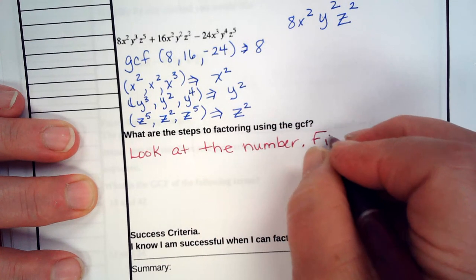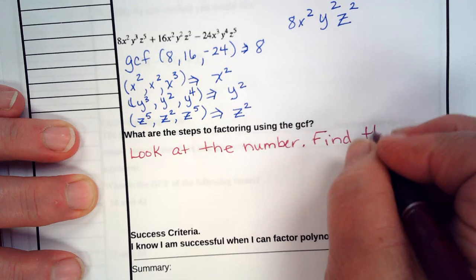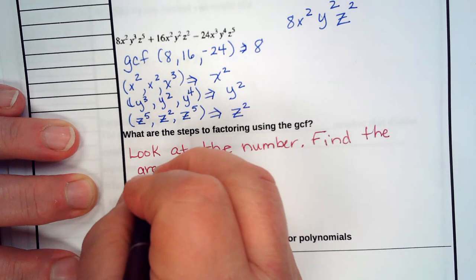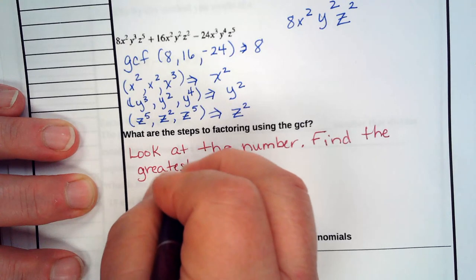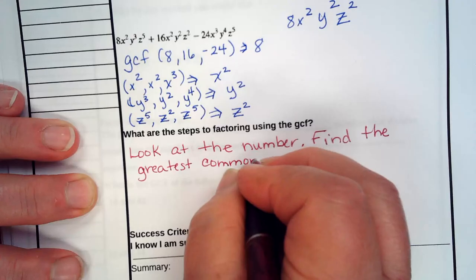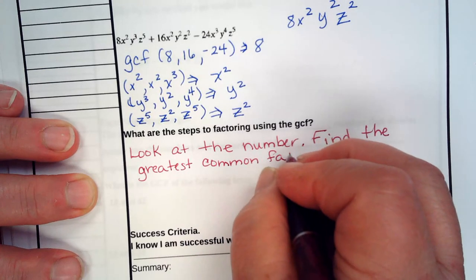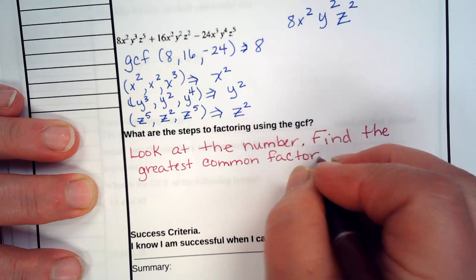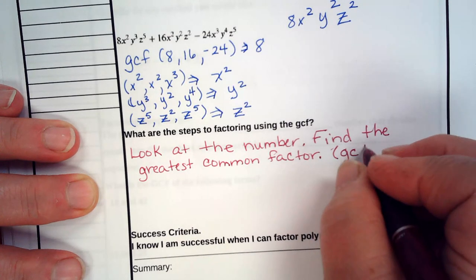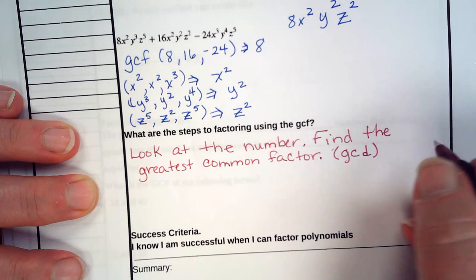Find the greatest common factor of all of them. You might also see it, the GCD, the greatest common divisor.